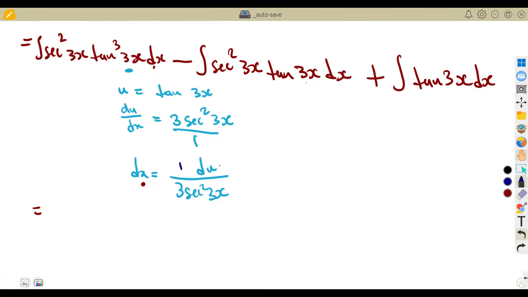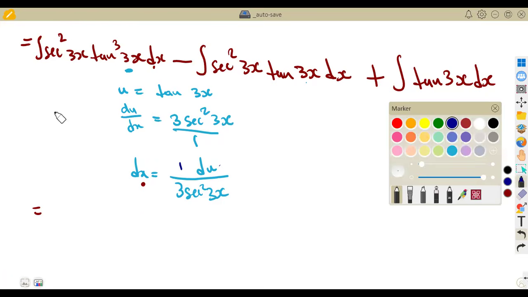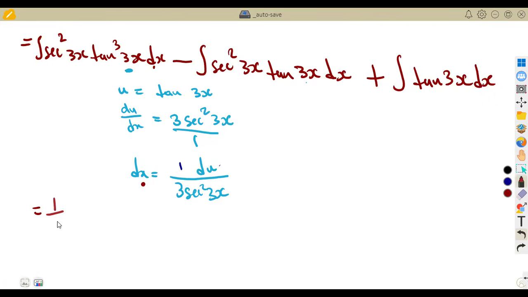So you're going to take this 1 over 3 out of the integral on this one. So it's going to be 1 over 3, the integral of, remember, sec is cancelled. This sec squared is cancelled what? With this sec squared. So we're just left with the tan cubed. And tan represents what? U. So that will be u to the exponent of 3 with respect to u.